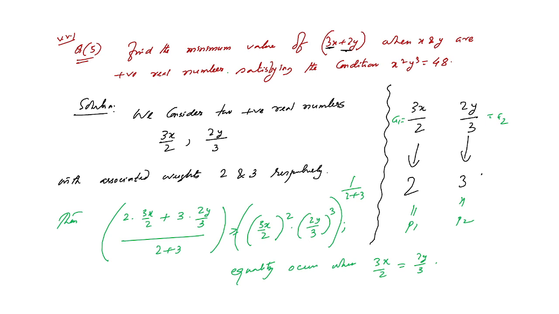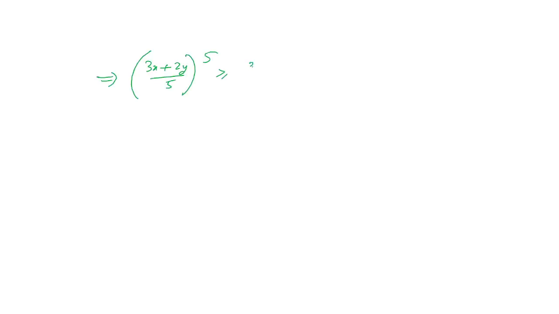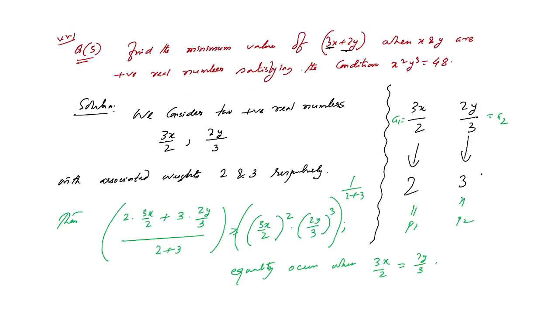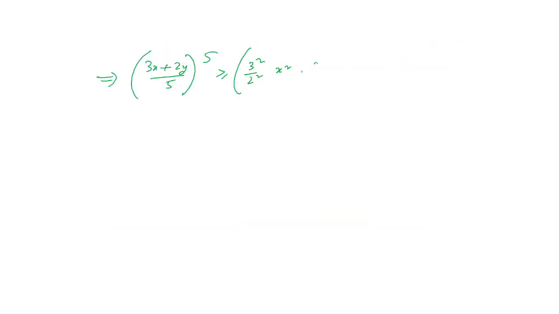So that implies 3x plus 2y by 5 whole to the power 5 is greater than or equal to 3 square by 2 square x square, and 2 cube by 3 cube y cube, and equality occurs when 3x by 2 equals to 2y by 3.